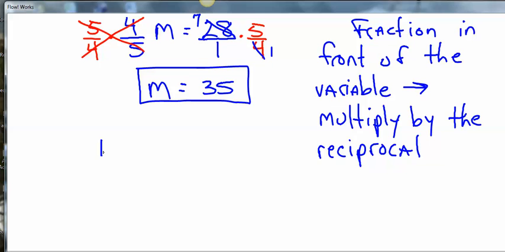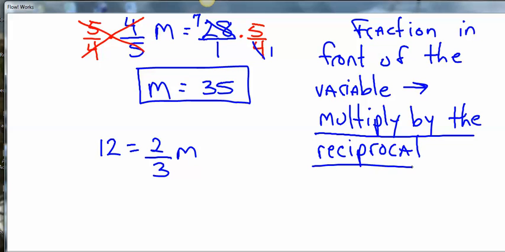If 12 equals 2/3 m, this one doesn't get tricky, but it can get a little bit messy, okay? Because now you've got the 2/3 crammed in there between the equal sign and the variable. But what are you going to do to solve for m? You're going to multiply by the reciprocal.